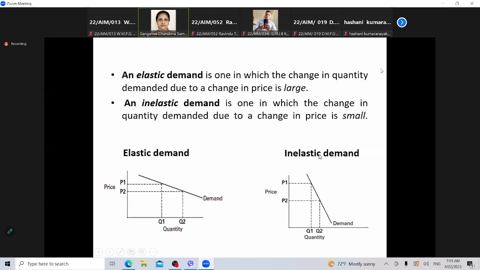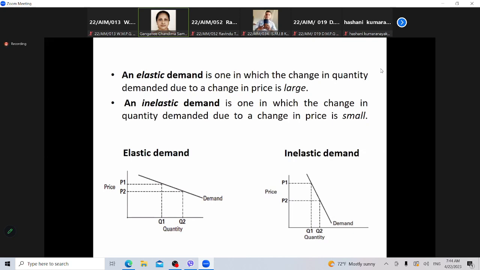particular commodity. Okay. So in the opposite way, inelastic demand means percentage change in price, the upside value, is more than the percentage change in quantity demanded.